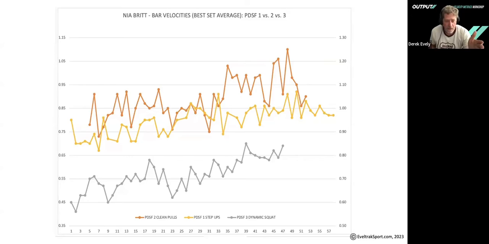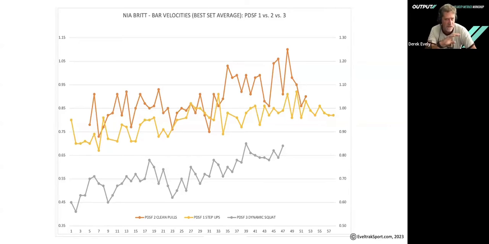The top one in orange is our clean pulls from the second PDSF of the season, the second one I ever did with her, actually. The dark yellow is step ups from the first PDSF I ever did with her. And the third one is a dynamic half squat from, I think, the third PDSF that I ever did with her.